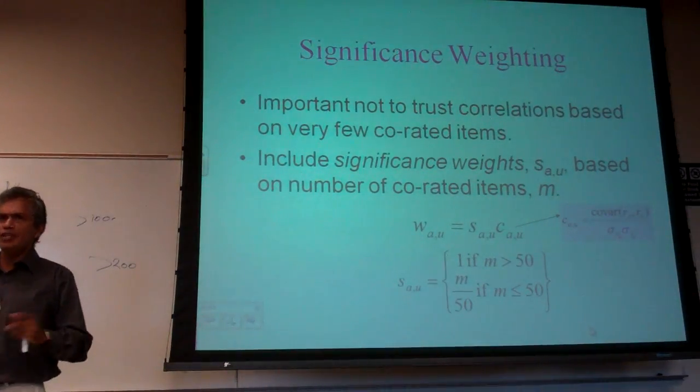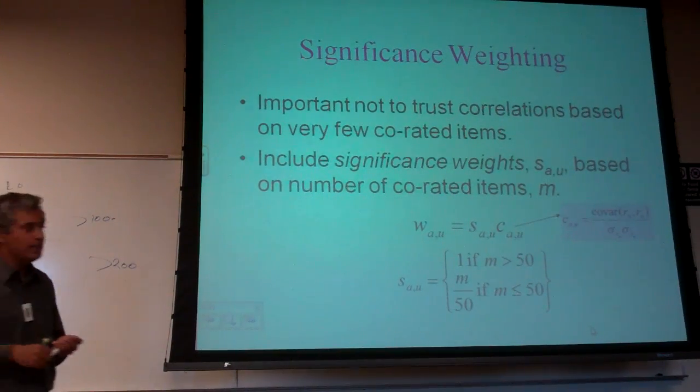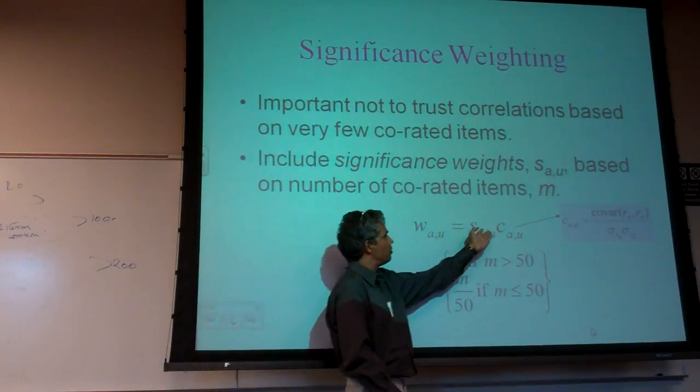If you've seen 50 movies with somebody, then presumably you have as much common experience with them as with anybody else, so they should not be penalized for not having enough common experience. So that's your significance factor, you multiply that.